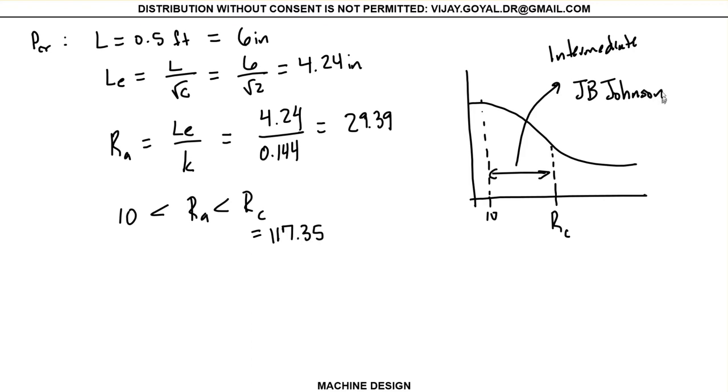Okay, so the J.B. Johnson equation for this particular problem says that your P critical divided by the area gives you sigma yield in compression. I like to put the C there so it's clear that we are working in compression.